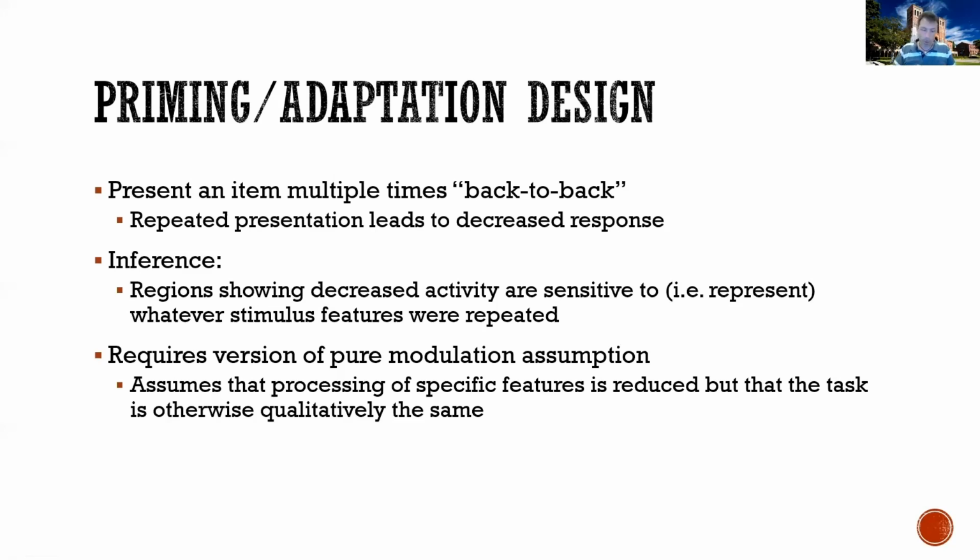In other words, when you see a second stimulus, sure, you process it, the strength of the response is quantitatively decreased, but the response is qualitatively the same. So it didn't change what you're doing, it just changed a little bit of how much of it you are doing.